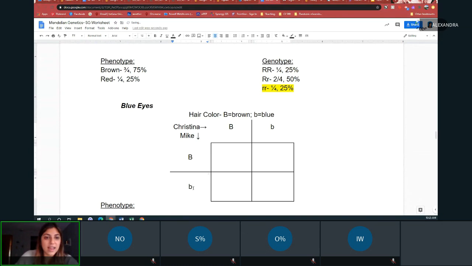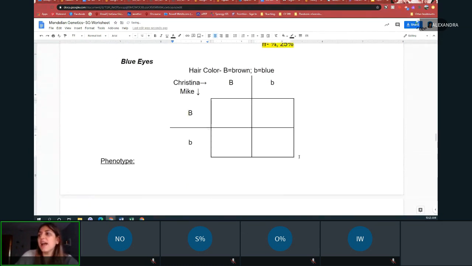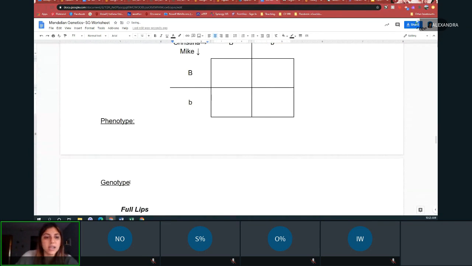So go ahead and try doing the Punnett square on your own, and then fill out the phenotype and genotype when you're done, and share in the chat what ratios you got.